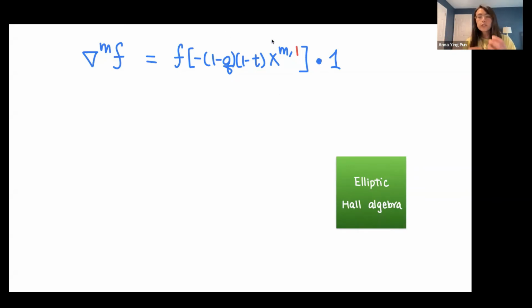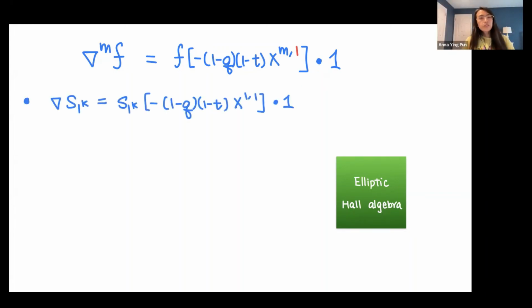They have some relations between them. You can multiply two things together. There are some rules that we talked about last year. But if you look at it as an algebra that acts on the ring of symmetric functions, that's the action here. So you can think about it as an operator in that way when you act on the ring of symmetric functions. Right. Okay, thanks. Sure.